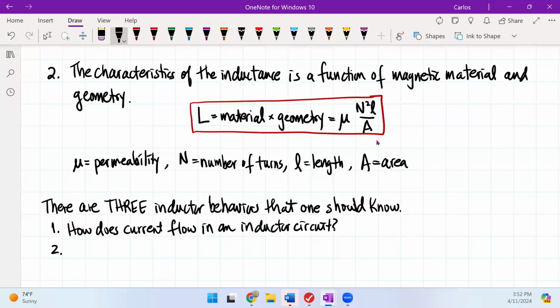Two, what is the current voltage relationship for inductors?